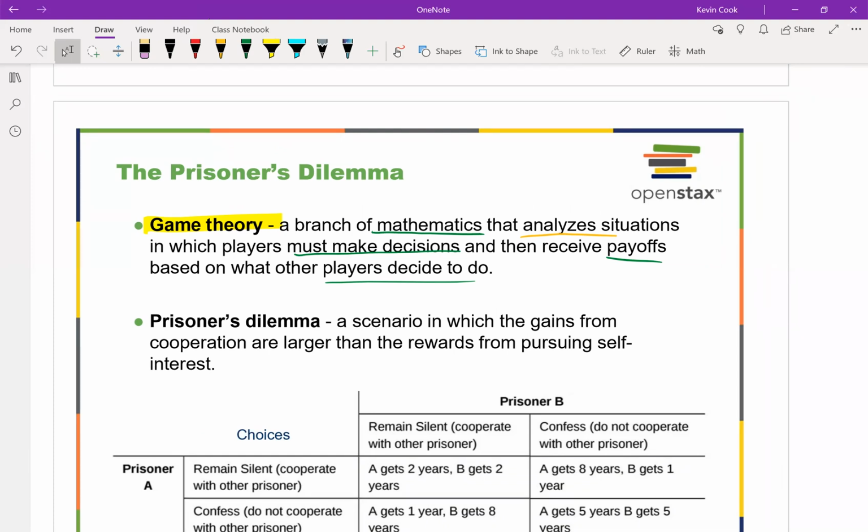So on Wednesday, we'll look at how to actually analyze these games. How will I decide what move I want to pick as a player? Then how will we get into an equilibrium of sorts? And then we'll run into the situation called prisoner's dilemma, which again we'll get into as we go through.